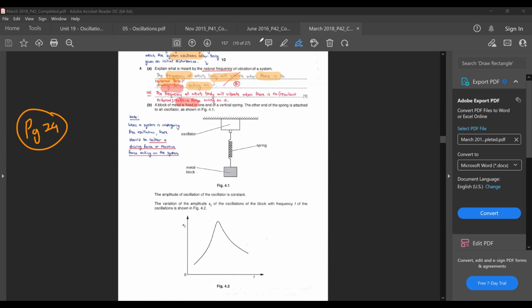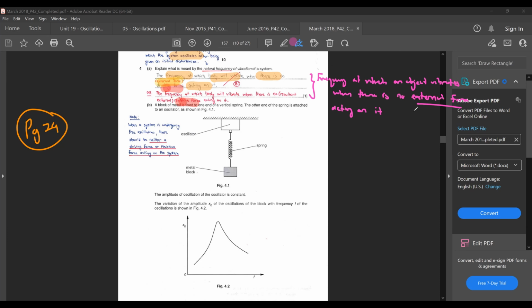But you can actually summarize those two terms, driving force and resistive force, as just one convenient term called external force. It is the frequency at which an object vibrates when there is no external force acting on it.